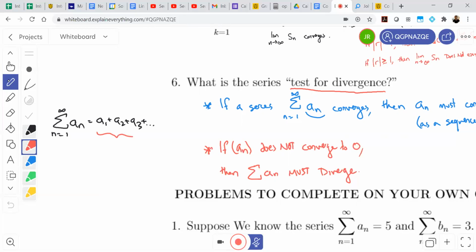The fact that we're adding up all of these terms is making this our series, while the corresponding sequence of terms is just a sub 1, a sub 2, a sub 3, dot, dot, dot. So this is a sequence of terms.